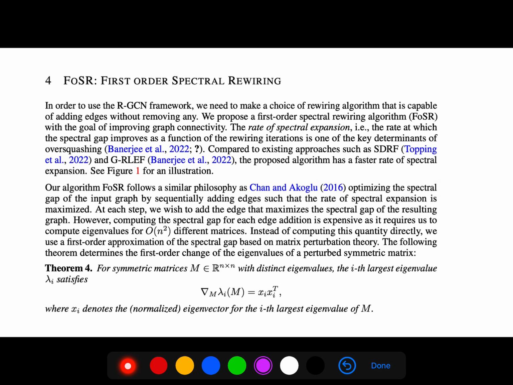The rate of spectral expansion, for example, the rate at which the spectral gap improves as a function of rewiring iterations, is one of the key determinants of oversquashing. Our algorithm follows a similar philosophy, optimizing the spectral gap of the input graph by sequentially adding edges such that the rate of spectral expansion is maximized.